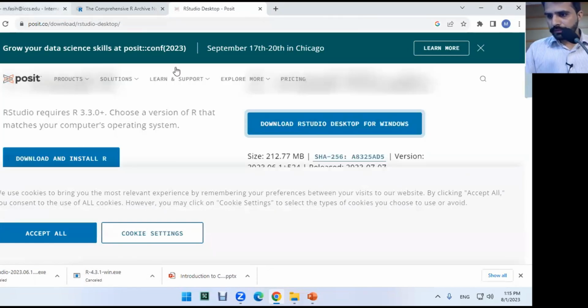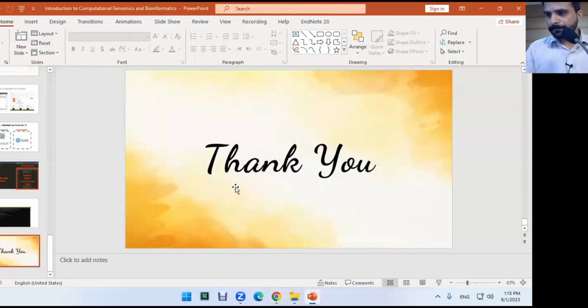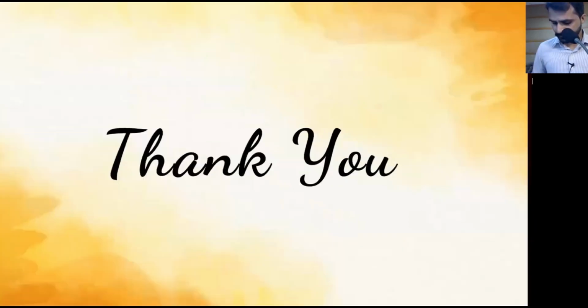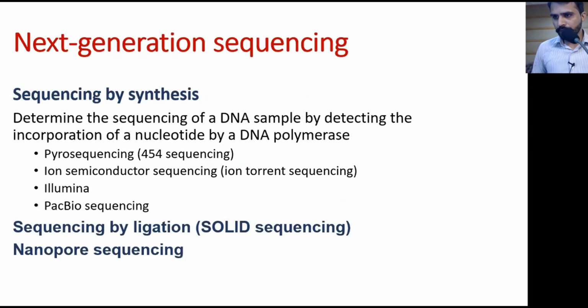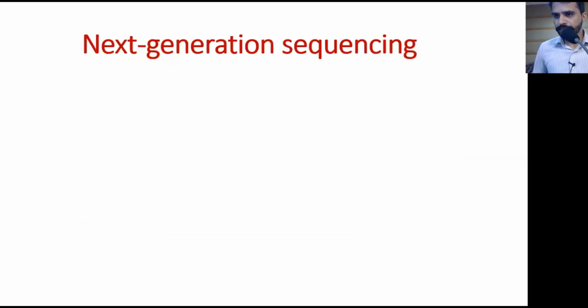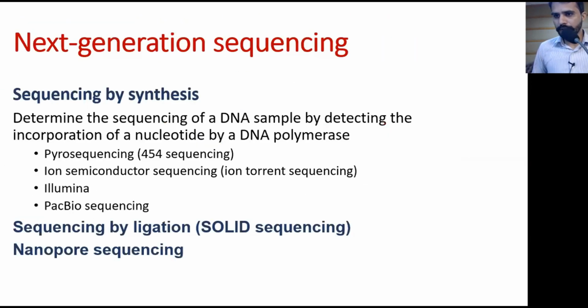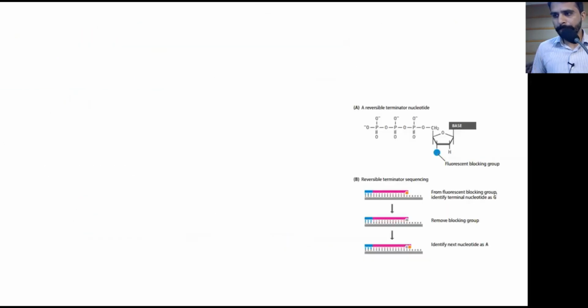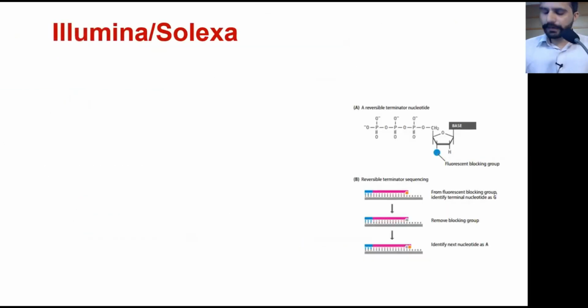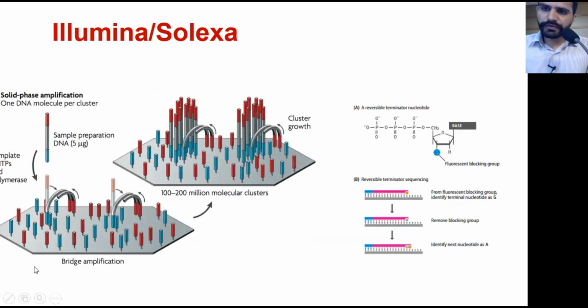let me show that. So first, Illumina. So in Illumina, what we do, we have DNA, we fragment that DNA and we attach primers, actually adapters. These are two different adapters.